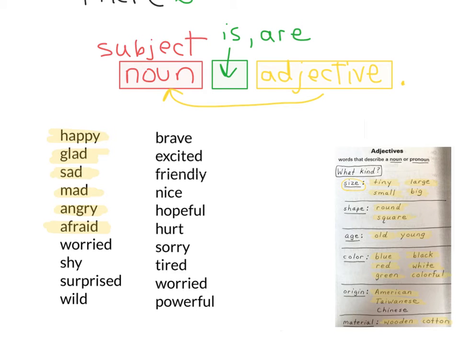We could say he is worried. That means the same thing as, oh, I have the same word over here. Let me fix it. We have worried 2 times. That means the same thing as nervous.